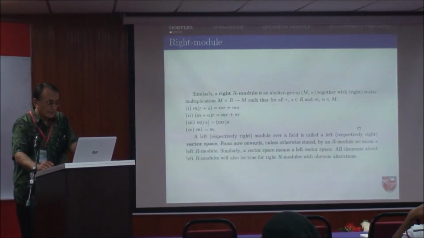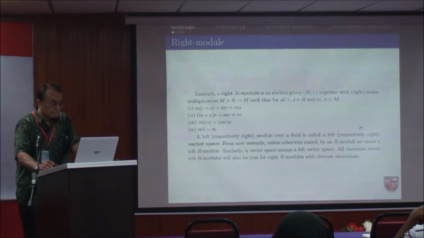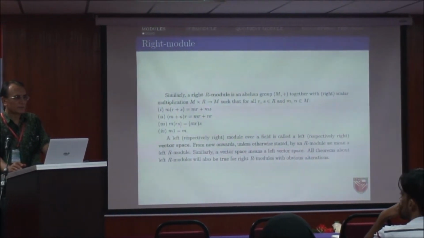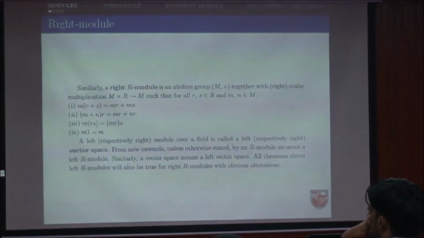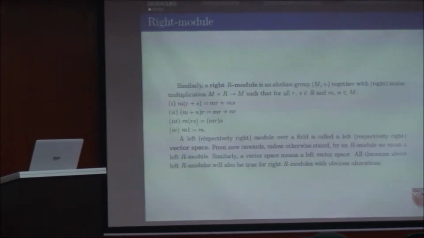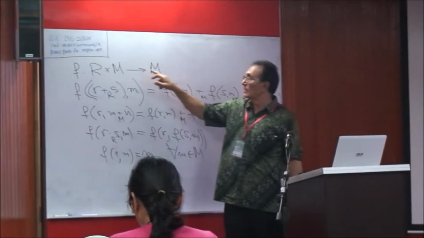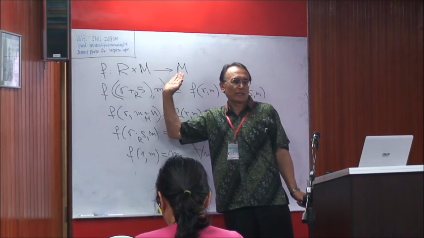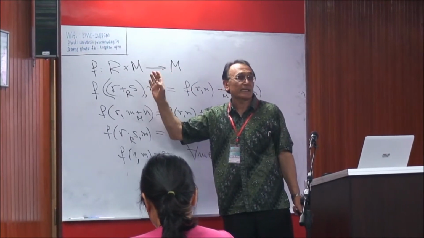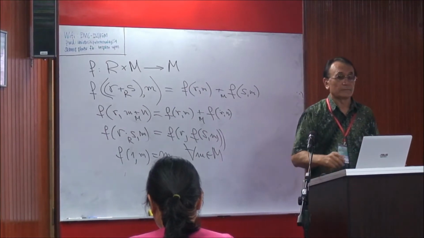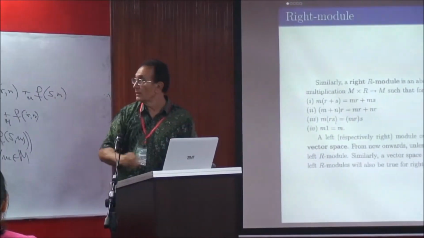Next one is a right R-module. Now you will multiply from the right side onto your abelian group. This is the left side: you put here r, m. If you multiply x from the right side, then M is called a right module.